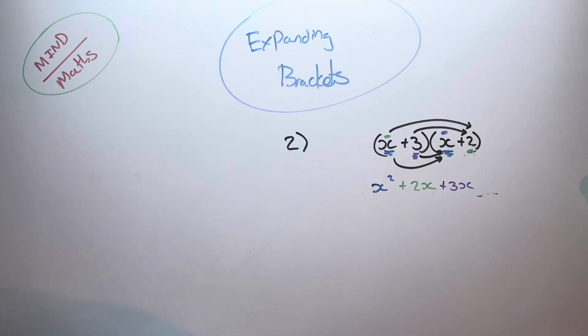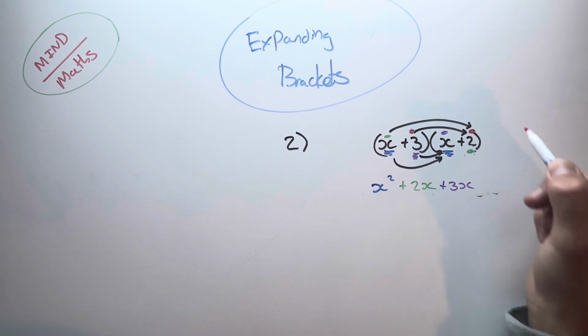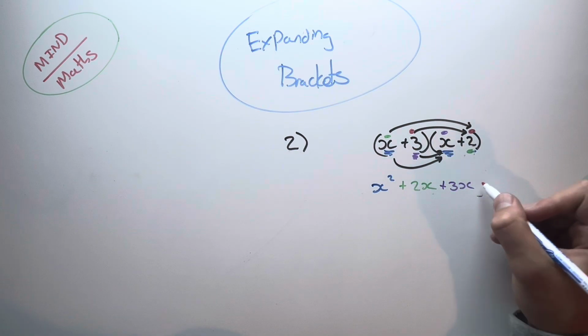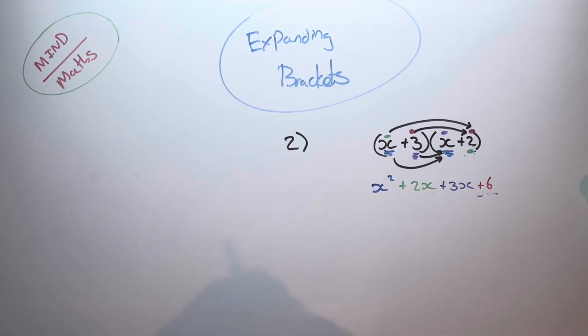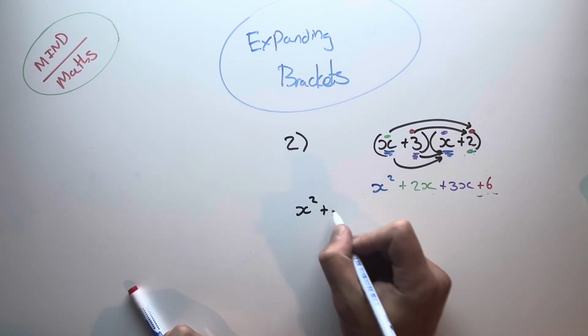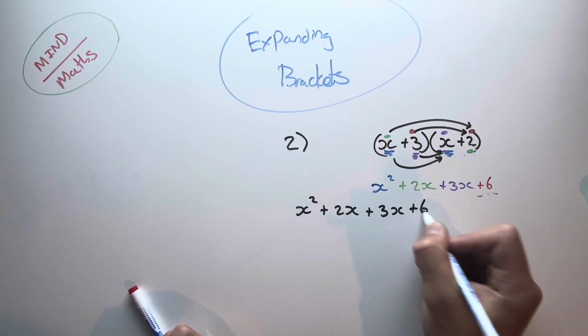And then finally, we want the 3 to times by the 2, which is this last arrow here. 3 times 2 is just 6, so plus 6. So now, if I write it out underneath, x squared plus 2x plus 3x plus 6.